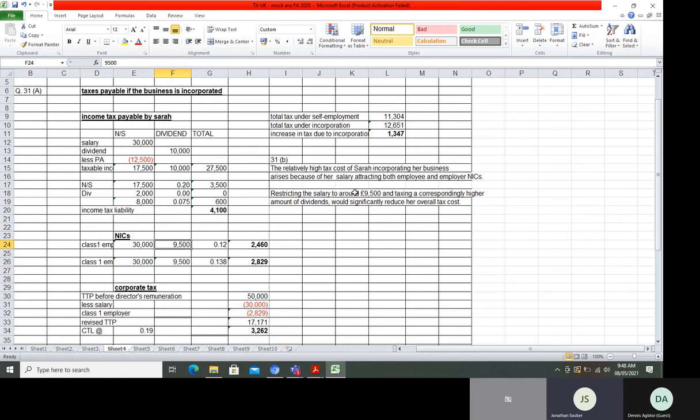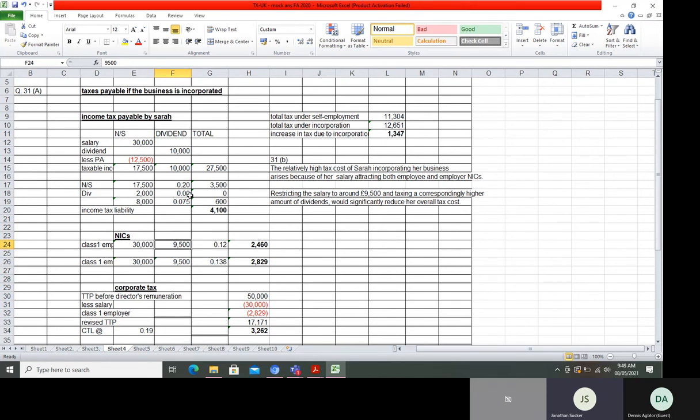Right? So we can restrict the salary to 9,500 and rather go for a corresponding higher amount of dividend. Right? So you see that dividend didn't attract any NIC. So we can rather take a small salary and then push the rest of our income through what? Dividend.